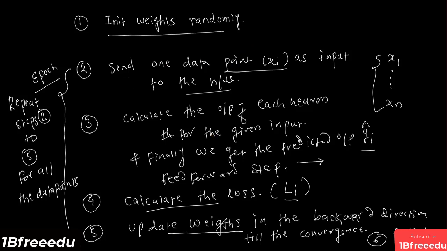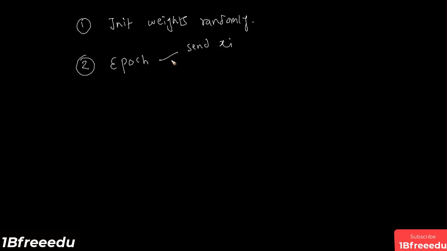If I summarize the backpropagation algorithm one more time: initialize weights randomly. The second step is epoch. In epoch, send xi as input, calculate loss, update weights in the backward direction.